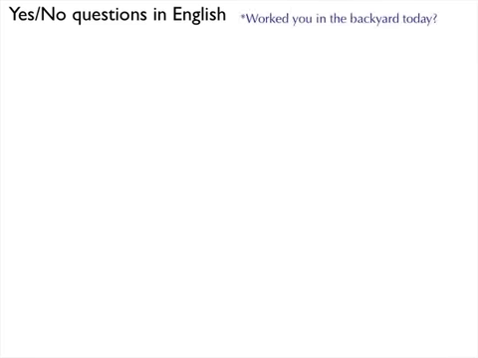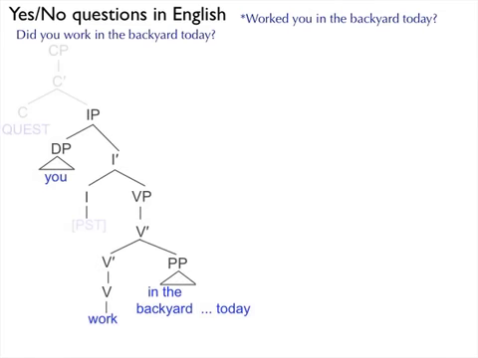Okay, so we go back to English. You can't say, "worked you in the backyard today?" You have to say, "did you work in the backyard today?" Why is that? Well, it's because we've got the same kind of structure as we have in Portuguese. You were in the backyard today, and we have a past tense feature there.